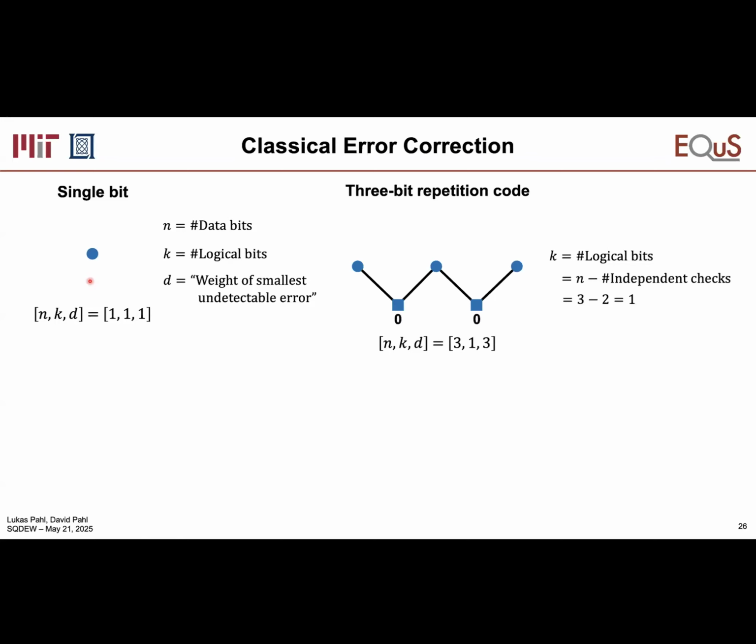And then what's the distance? Well, if we add one flip, this check lights up. And it tells us an error occurred, so we can catch this error. This one doesn't corrupt our information. A second flip, I want to draw your attention to what happens here. This is really important. 2 flips are acting on this one check. And the check is only able to measure parities.